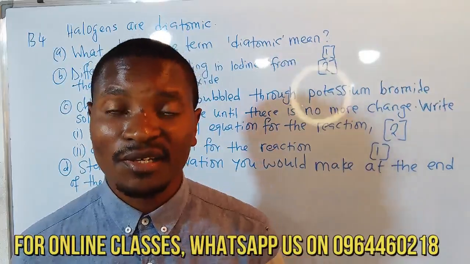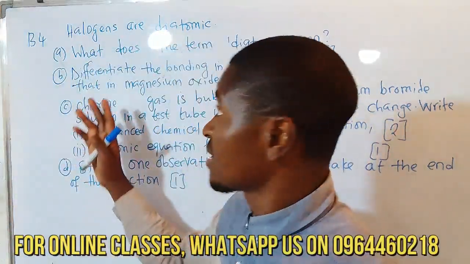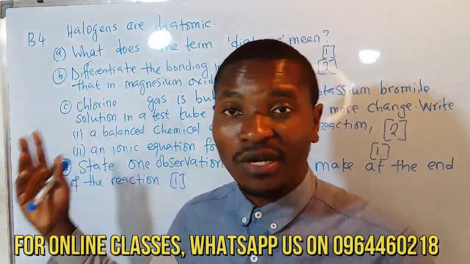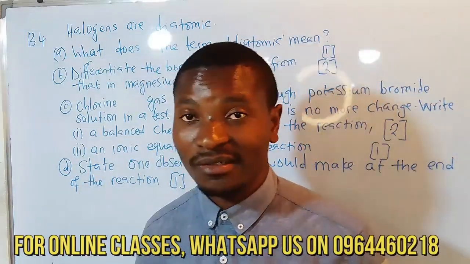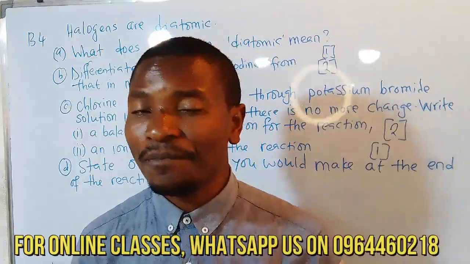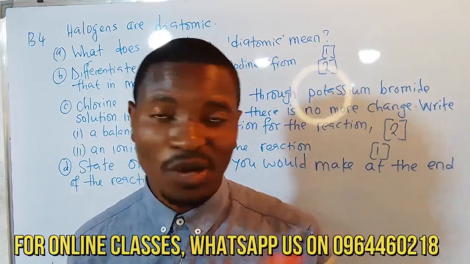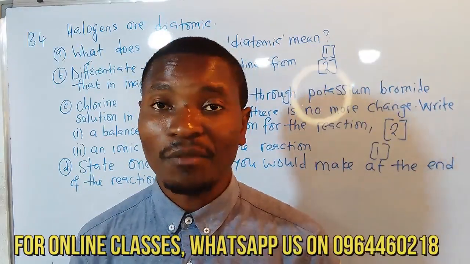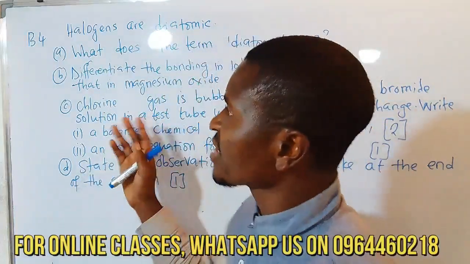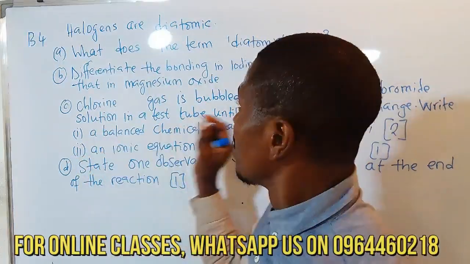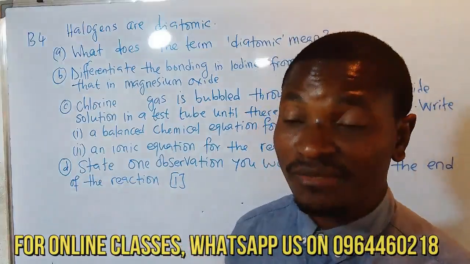The first question says we are looking at halogens. So halogens, group 7, are diatomic. That means you have two atoms in one molecule or in one element. Now the question says, what does the term diatomic mean?